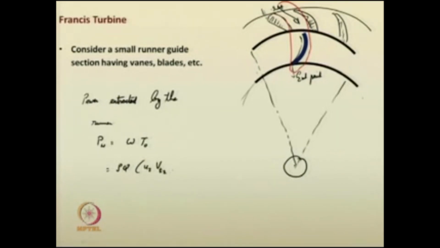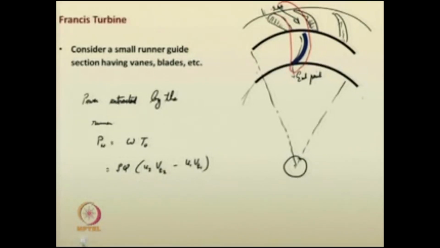We are using the turbine equation, u2 Vt2 minus u1 Vt1, right. In this case, Vt2 and Vt1 are not 0 in this particular situation, so you need to incorporate it.